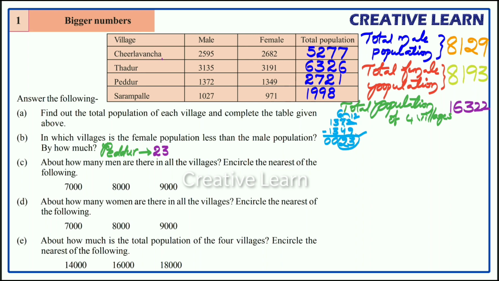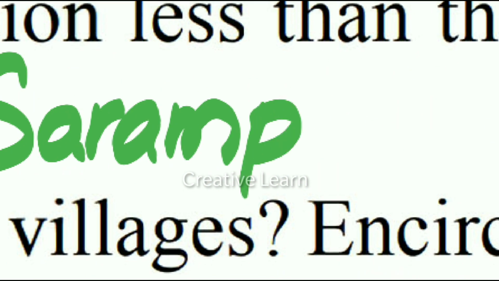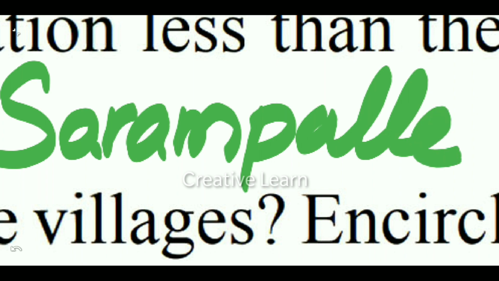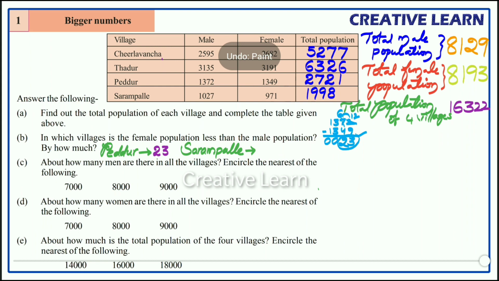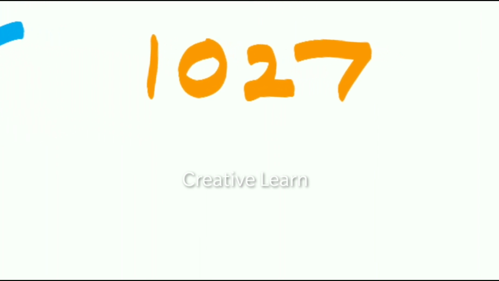Let's see. First write Sarampalli village. By how much is the female population less than the male population? We don't know, so let's do the subtraction here. 1027. And what is the female population?